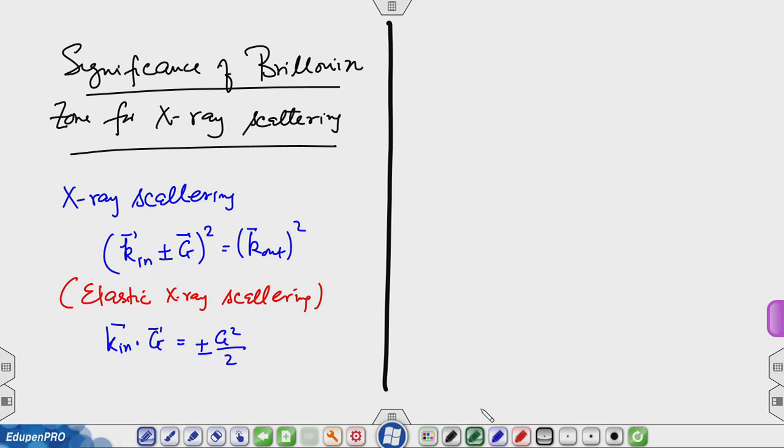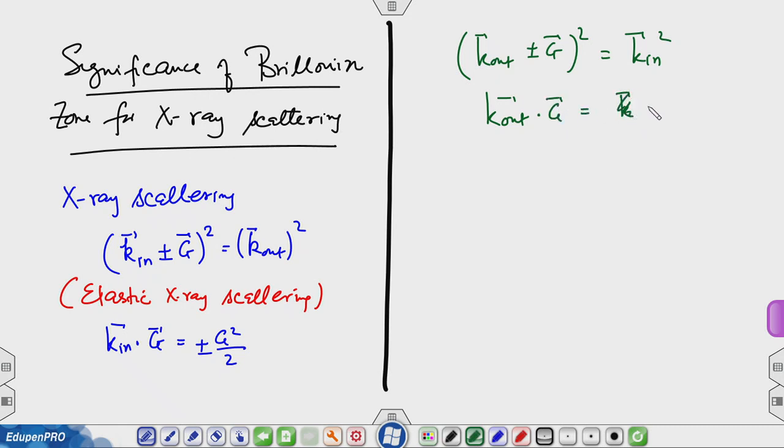I could equally have written (k_out plus or minus G) squared equals k_in squared, then you would get k_out dot G equals G squared by 2.